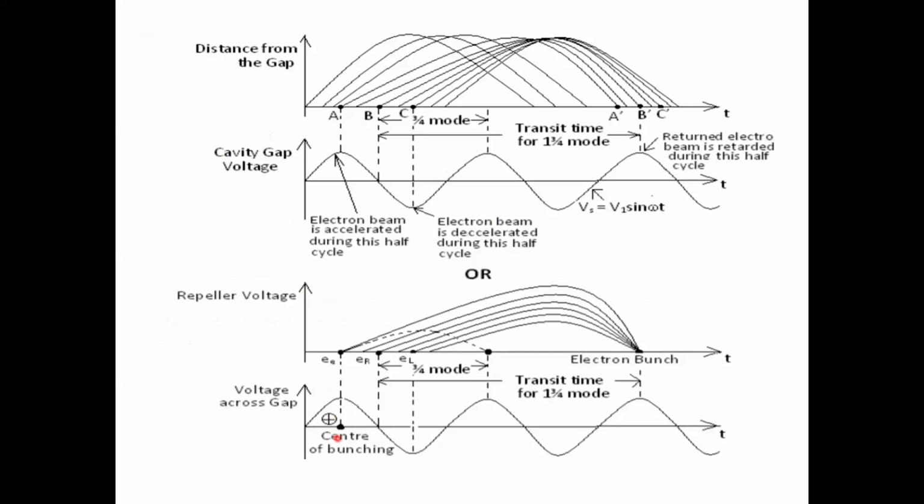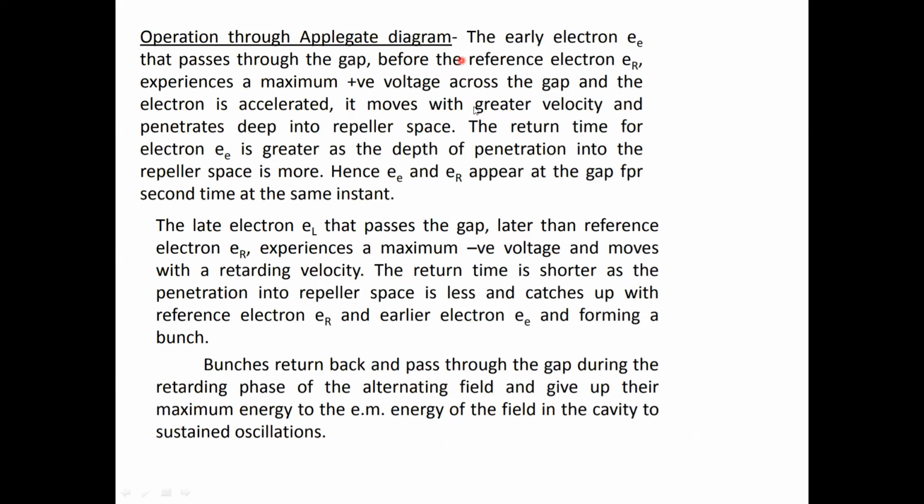Clear, this is the center of the bunching process. The early electron, late electron and reference electrons are to be maintained. Here I mentioned few points related to the Applegate diagram.